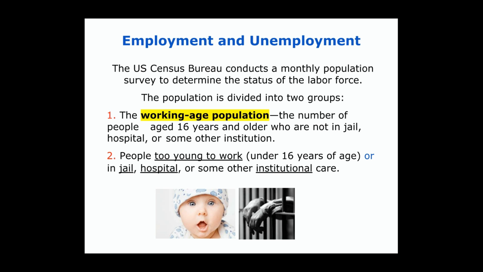So from the total population, we remove the people who are too young to work, under 16, or people who are in a jail or hospital or in some sort of other institutional care, and we arrive at the working age population. This is the total population of people who could work.